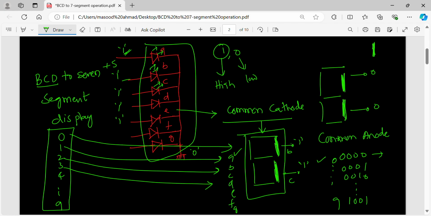So the 4-bit data has to be decoded to 7-bit data. If I give 0, 0, 0, 0, this is the input, say X, Y, Z, T inputs. What is my output? Output is A, B, C, D, E, F, G. The output should be 1, 1, 1, 1, 1, 1, 0.